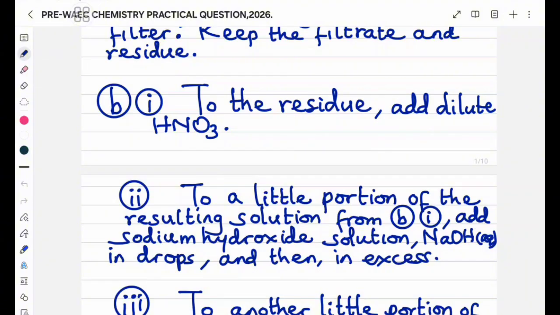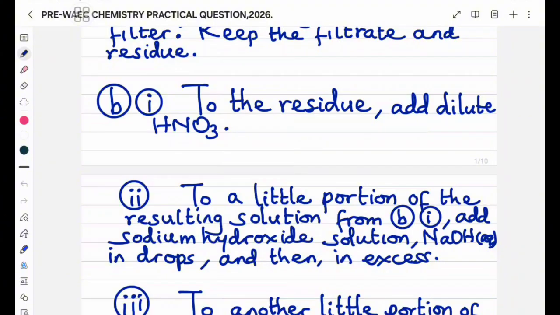Now in this case, the residue is a solid substance which remains on the filter paper after filtration. So the residue is to be dissolved on adding the dilute HNO3 so that the subsequent tests can be carried out on its solution. And that is the reason why you are asked to add dilute HNO3 to that residue, in order to dissolve it.